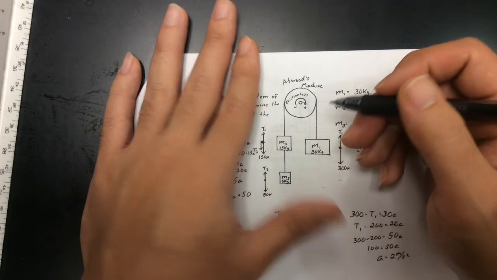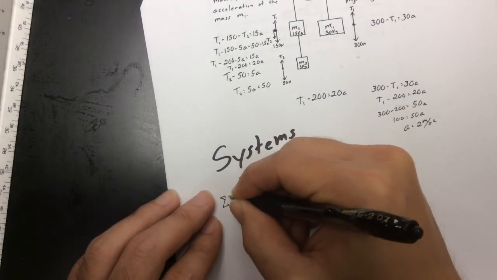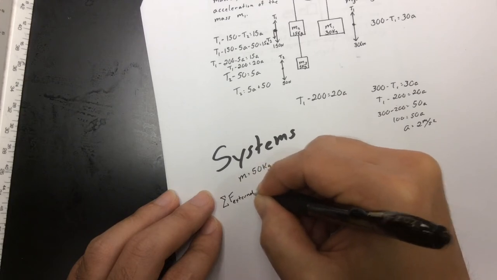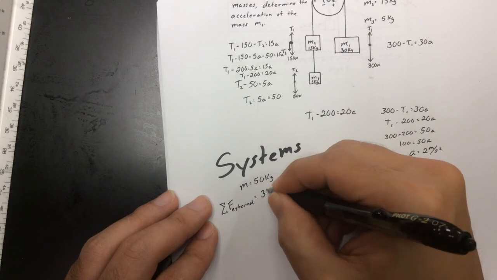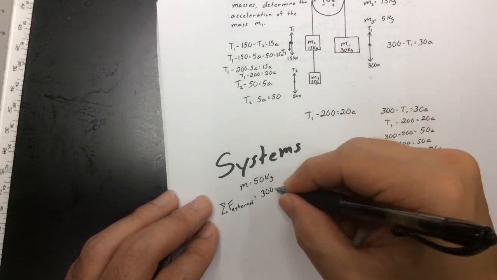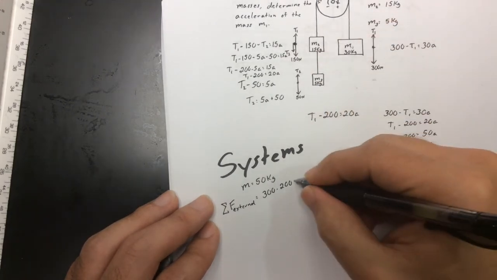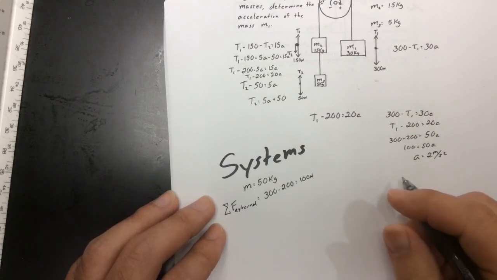Who's going to win? Well, external forces, the sum of all forces external, is going to be equal to 300 for the force of gravity on the right side minus 200 for the force of gravity on the left side, and that gives us a total force of 100 newtons left over.